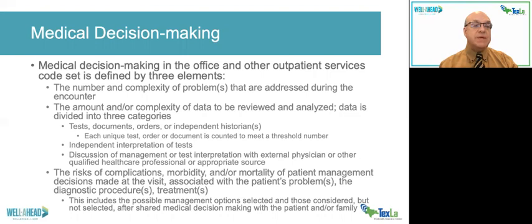Each one of these can be utilized when you're looking at a data point number 1. And of course, if you have independent interpretation of tests, that could be a data point. Now, if you are billing separately for interpretation of that specific data, you cannot include it in your E&M coding for your actual provision of care on that specific day.